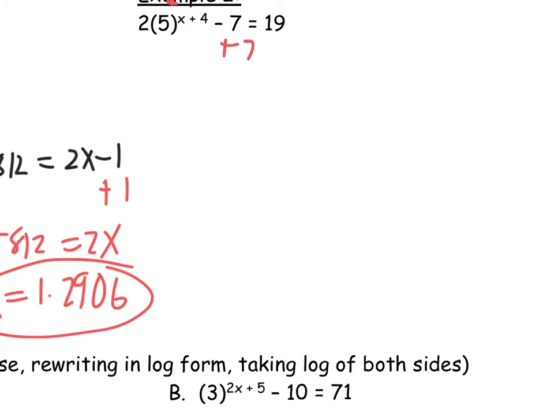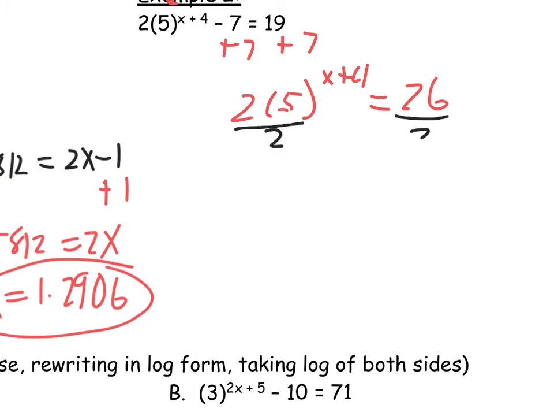So I'm going to add 7 to both sides here and get 2 times 5 to the x plus 4 equals 26. Now remember, I can't multiply the 2 and the 5 because 2 is not my base, so I just got to get rid of it. So we're going to divide by 2. And I get 5 to the x plus 4 equals 13.